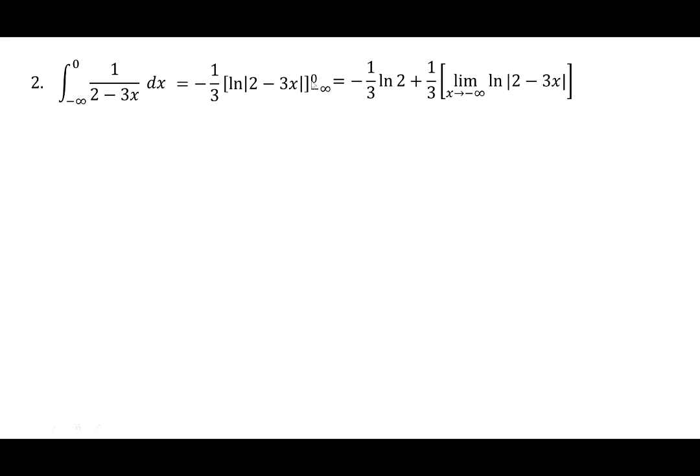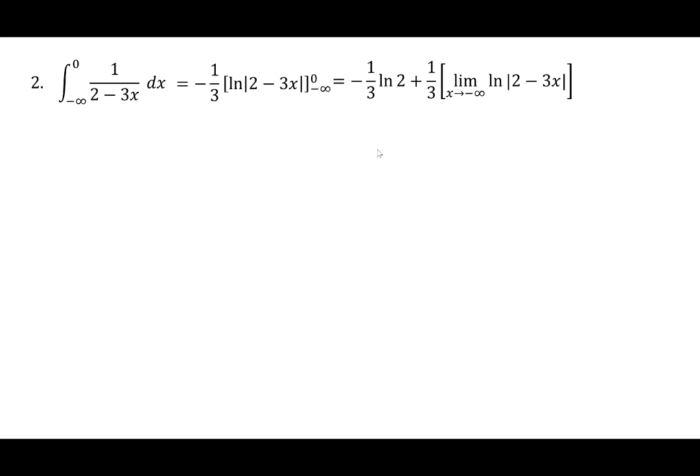I plugged in 0 for x. That's okay. You can say plug in 0 as long as you do not say plug in infinity or negative infinity. So this is 2 minus 0, negative 1/3 natural log of 2. And then we have minus negative 1/3, which becomes plus 1/3 times the limit of this.